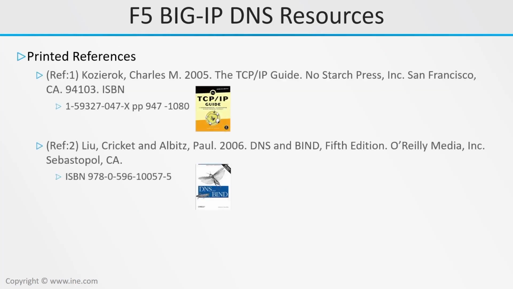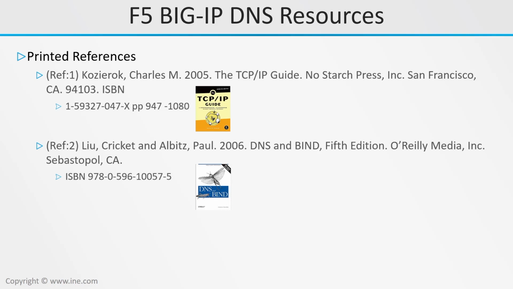All right, who doesn't love to read? These are additional printed references. If you're into ebooks, you can use SafariOnlineBooks.com. It's a subscription model, or you could just get these off Amazon, a hard copy. But you'll see these 2 books referenced a lot throughout some of the F5 solution articles.